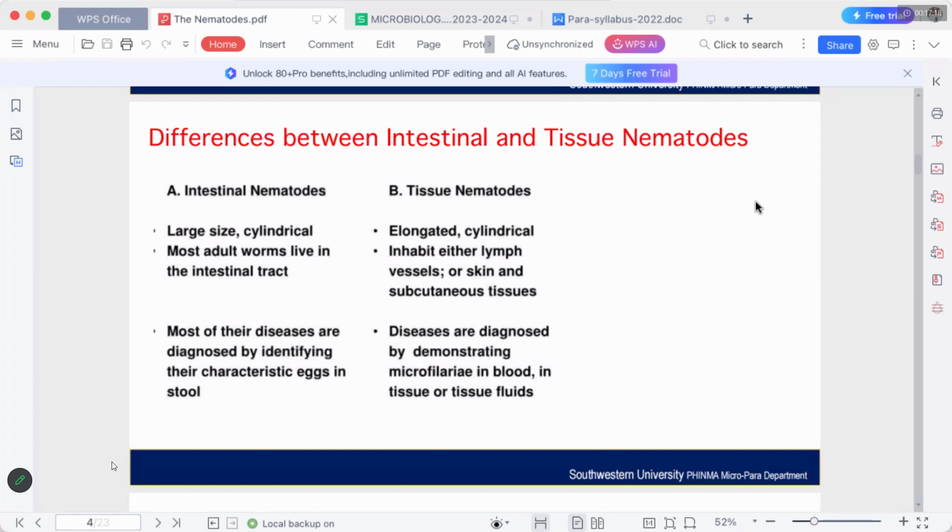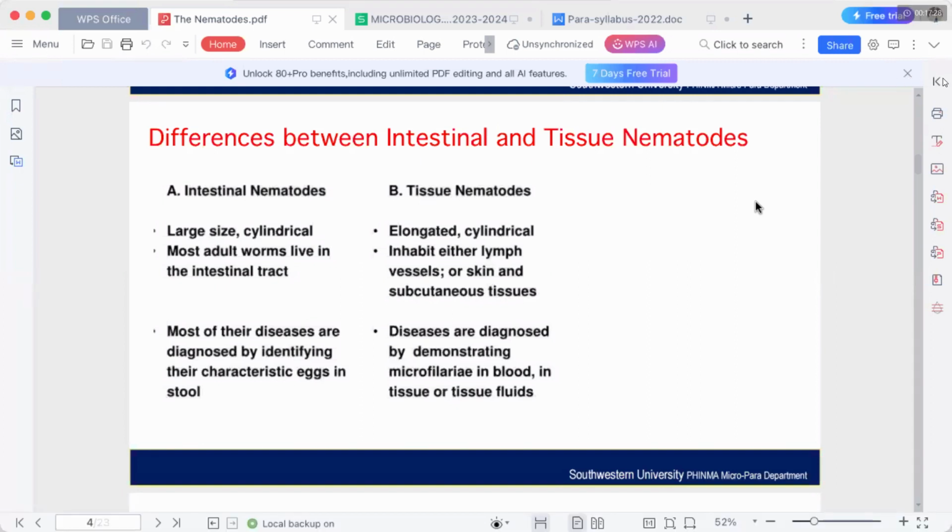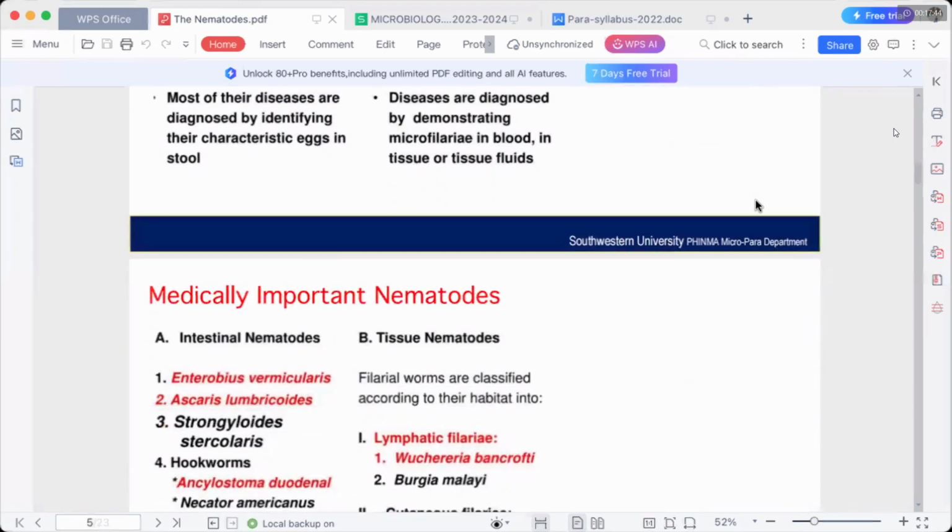Compared to that, your tissue nematodes are elongated, cylindrical. They inhabit either your lymph nodes or lymph vessels, your skin, and your subcutaneous tissues. The diseases are diagnosed by demonstrating the microfilariae in the blood or in the tissue or tissue fluids.